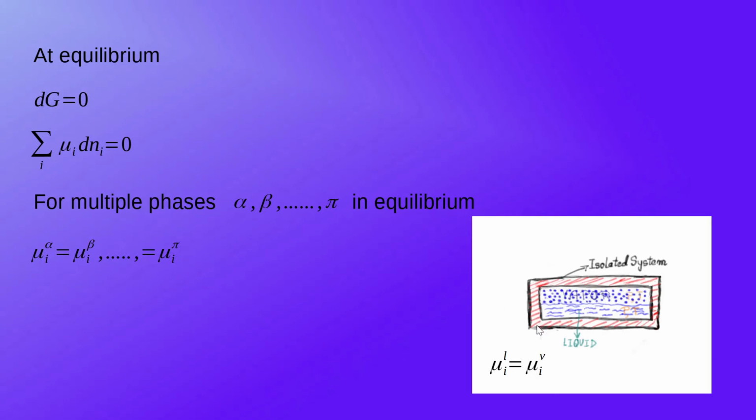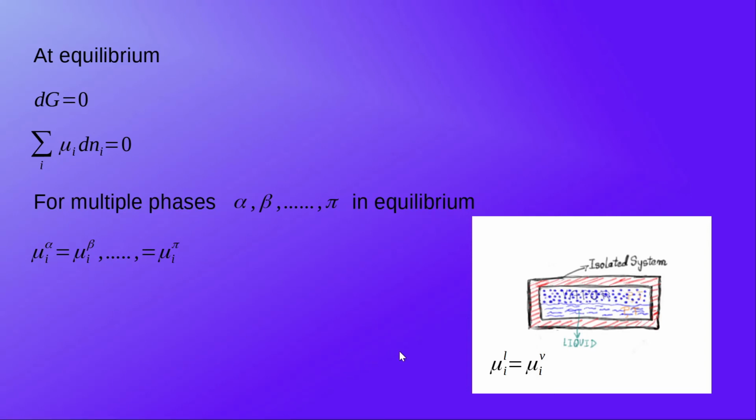Now, if you have an isolated system which is under equilibrium, a vapor liquid equilibrium, where the pressure and temperature of the vapor phase and the liquid phase are constant, we can deduce that mu I L, the chemical potential of any species I in the liquid phase, will be equal to mu I V, the chemical potential of any species I in the vapor phase.